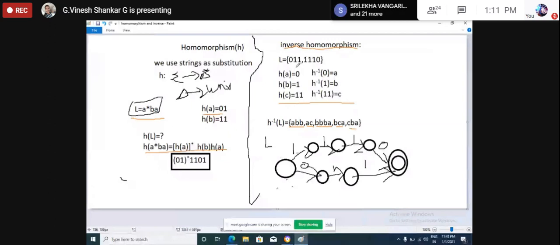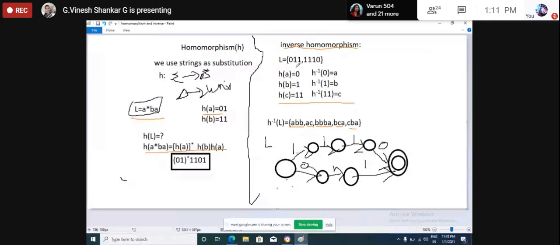BCA. Why BCA? Because H inverse of 1 is B, H inverse of double 1 I can take as C, then H inverse of 0 is A. So that's why I've taken BCA. In other form, I can take two ones at a time. That is H inverse of double 1 is C, then A, CBA. Is it clear?